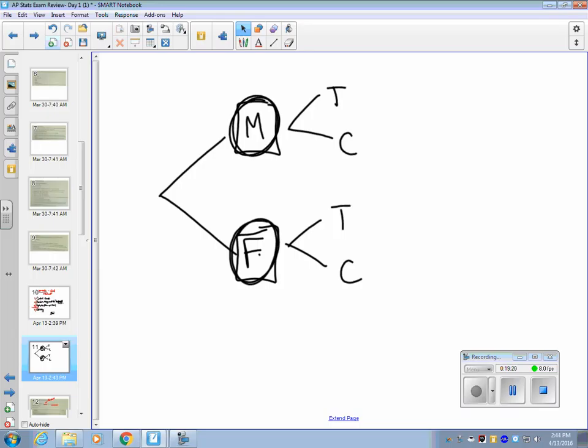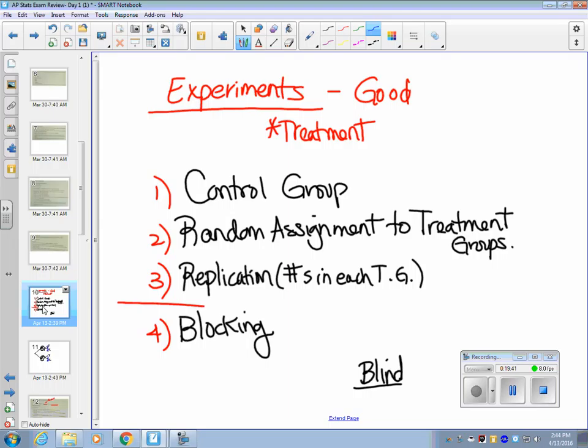So you block by whatever that characteristic is, and then you decide randomly at this point, right? I can't randomly pick whether they're a male or a female. That doesn't happen. But I can randomly take my groups of males and females and decide whether they got the treatment or the control. So that's what blocking is.